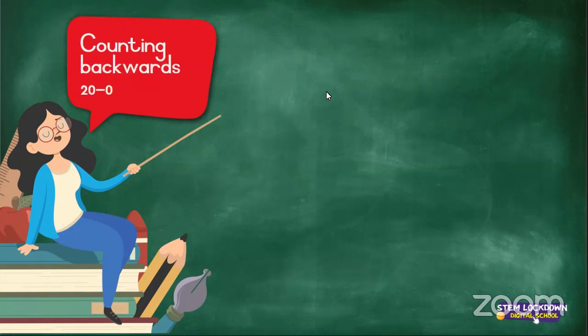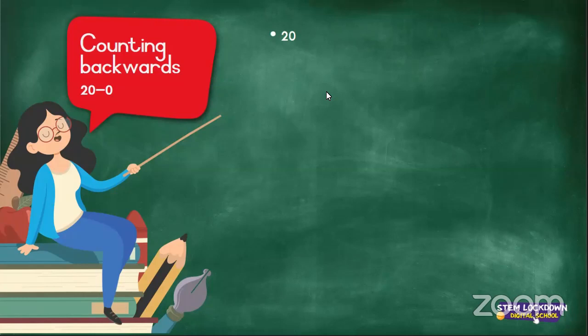All right, let's count backwards from 20. 20, what number comes before 20? What number comes before 20? 19. Good.